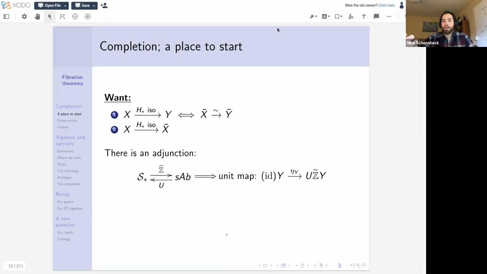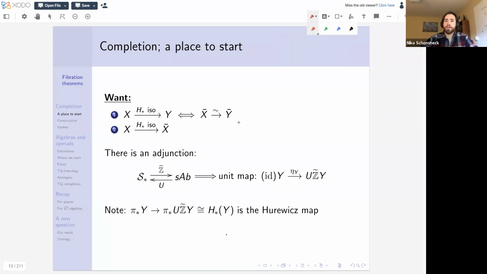And with any adjunction comes a unit map. So I have a natural transformation from the identity functor to this UZ tilde functor. Now I started talking about all this by mentioning the Hurewicz map, and the neat thing is that this is a spaces level Hurewicz map in the following sense.